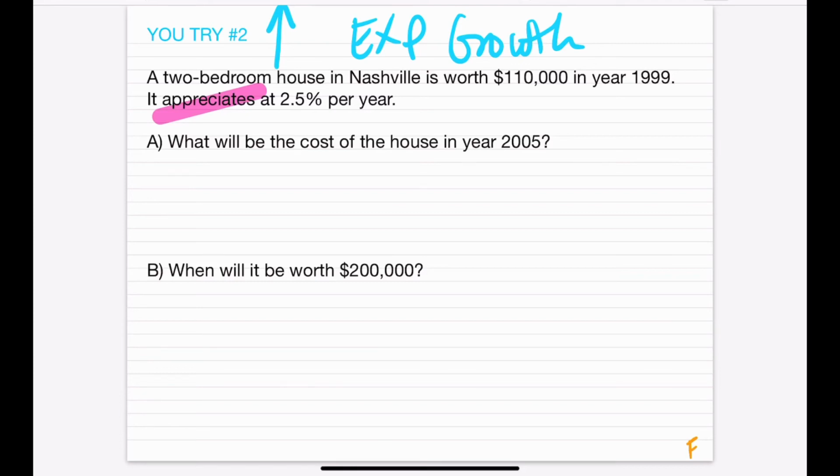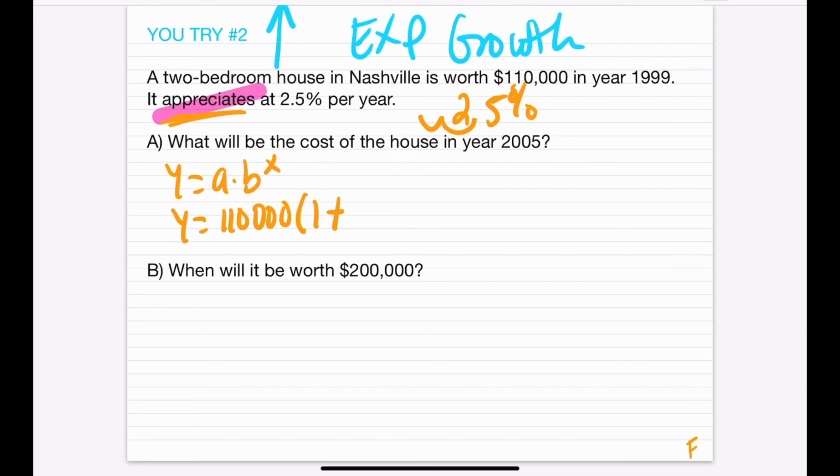Very first thing we have to do is write the equation. So y equals a times b to the power of x. The value of a is the initial amount. It's growth, so we're going to do 1 plus the rate. So it's 2.5%. Don't forget to move 2 units to the left and you get 0.025.